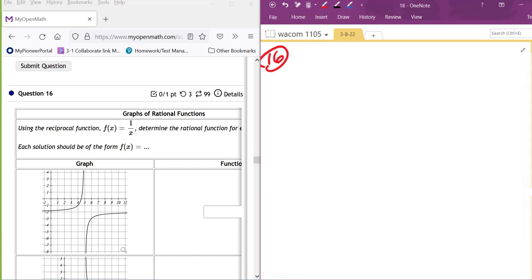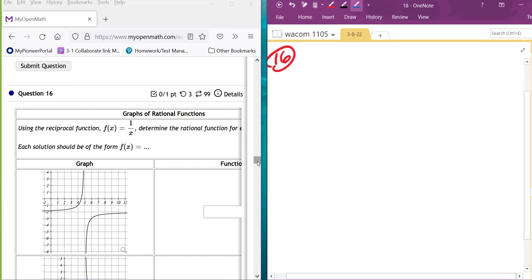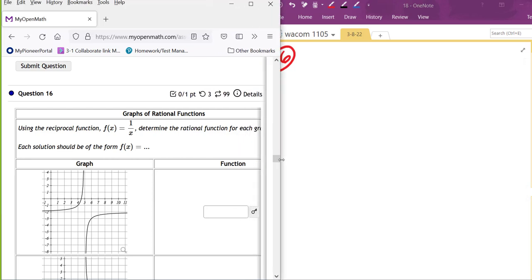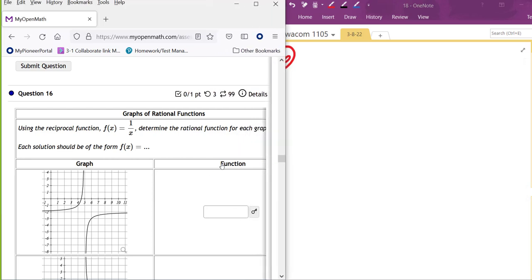And this one I won't be able to write, because I would have to draw the picture to be able to write it.